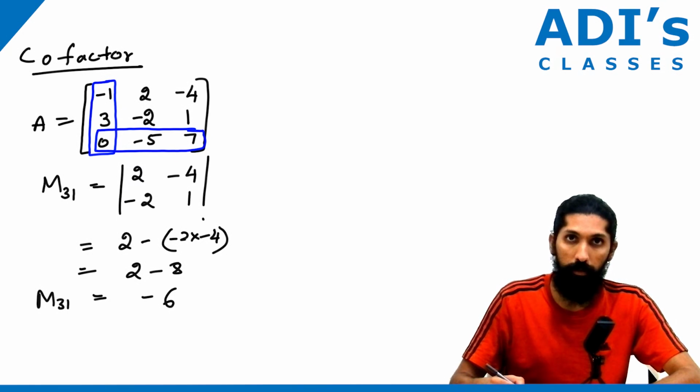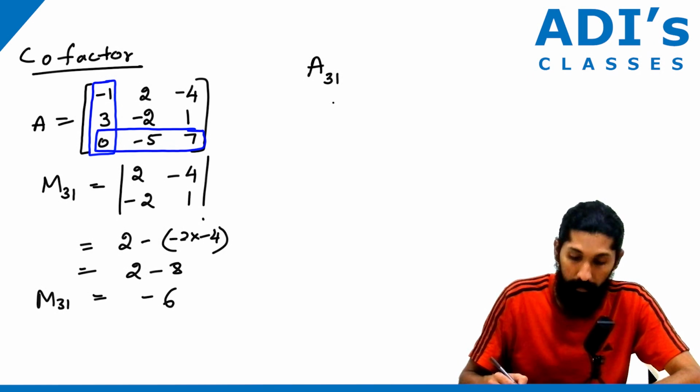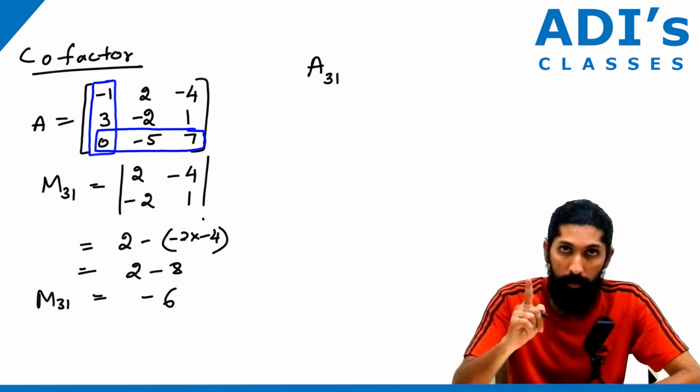Now what do we mean by cofactor? The cofactor is generally represented by capital A, here A 3 1, third row, first column, correct?